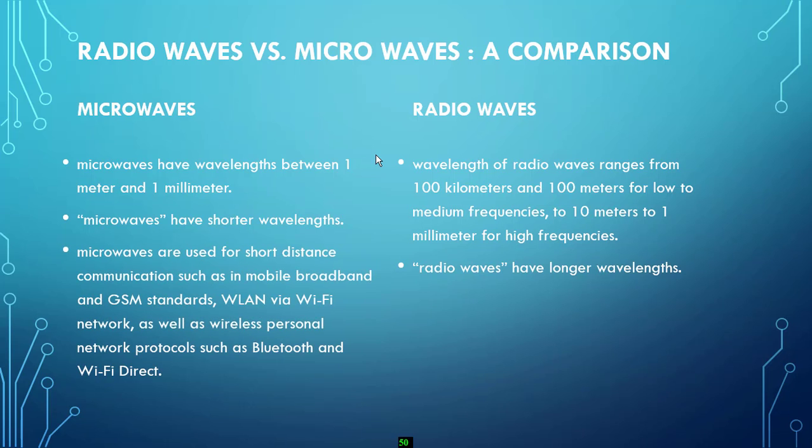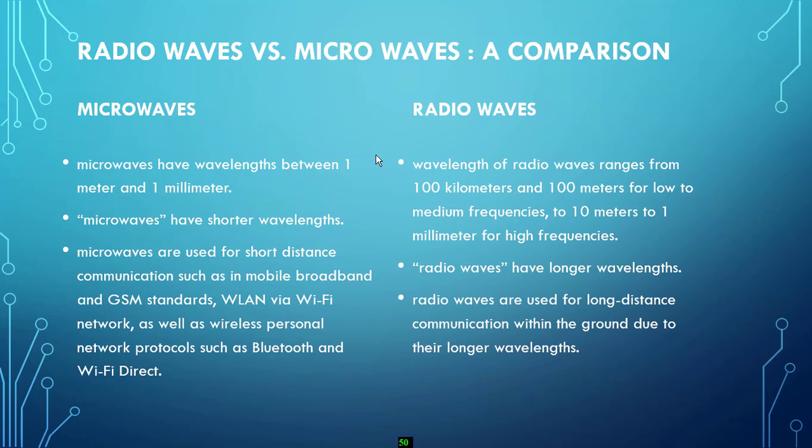This is the application of microwaves. Microwaves are used for short distance communications, such as in mobile broadband and GSM standards, WLAN via Wi-Fi network, as well as wireless personal network protocols such as Bluetooth and Wi-Fi Direct. Radio waves are used for long distance communication within the ground due to their longer wavelengths.